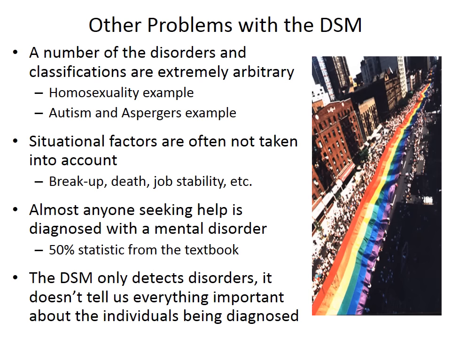In addition to those basic problems that we see with all diagnoses, there are some other things about the DSM and how it's used in assessment that don't usually go over well with people. One of the classic problems is that when we're talking about disorders, we have to remember that these things are not inherent.